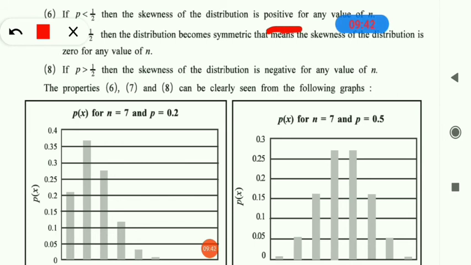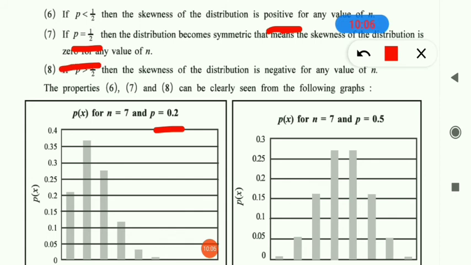In the first case, the value of p is less than 1 by 2, meaning less than 0.5, so the skewness of the distribution is positive. Second, if the value of p is equal to 1 by 2, then the distribution becomes symmetric. That means the skewness of the distribution is 0. In the second case the value of p is exactly 1 by 2 or 0.5, so the skewness of the distribution is 0.